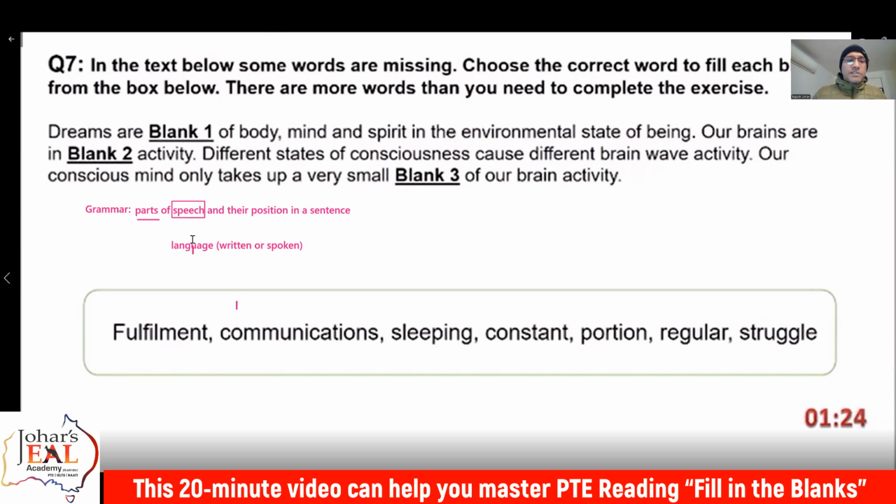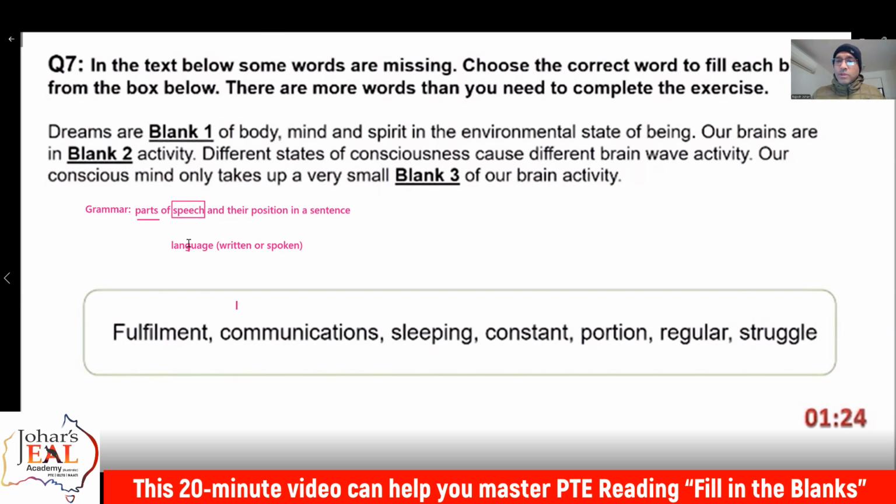So this language is divided into different parts, different elements. Some grammarians divide them into 8, some into 9 different parts. So the language which we use for spoken or written purposes is divided into different parts.